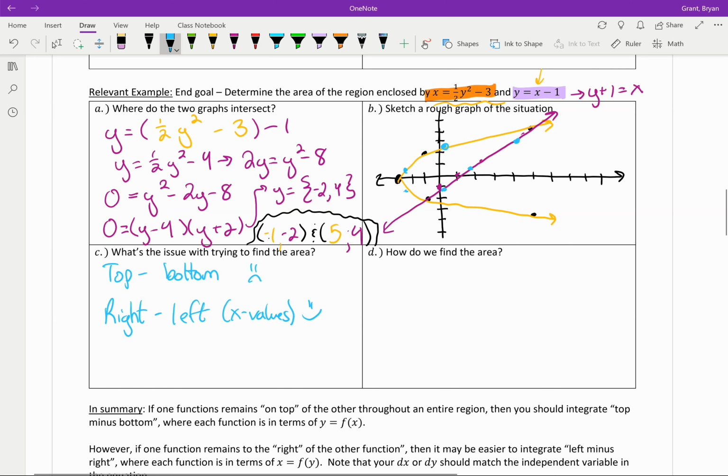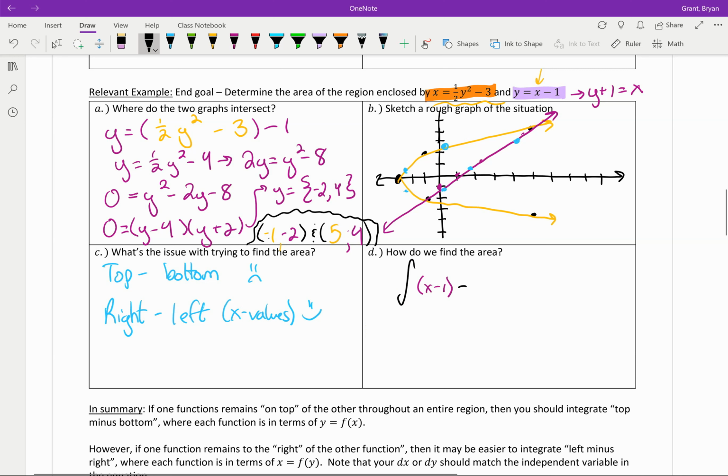So let's set up how we actually find the area. Well, we have an integral, okay, and then what do we need here? Well, the right function is, and you might want to write lightly here or just wait for a second, and I should probably keep my colors going. My right function is in purple, and we already said that was y equals x minus 1, so x minus 1.